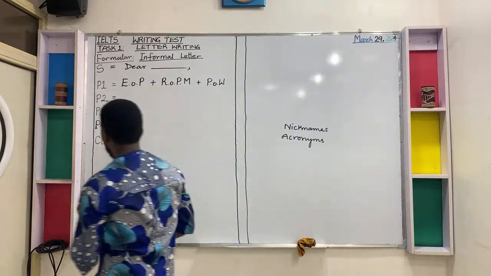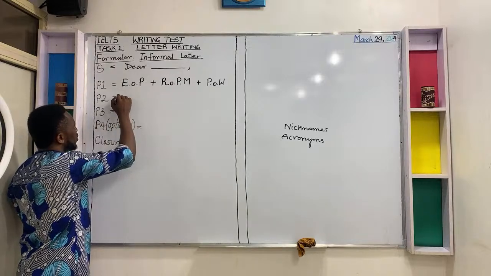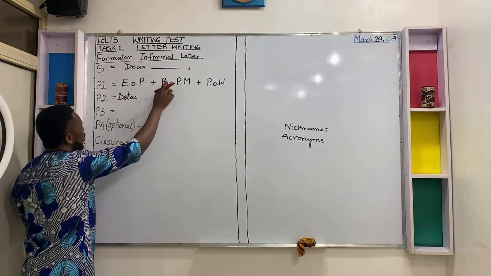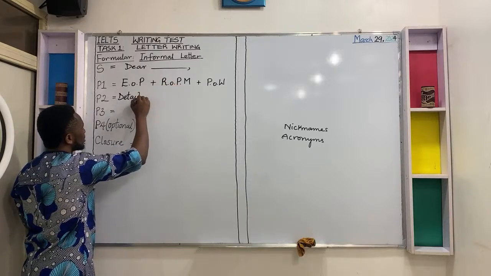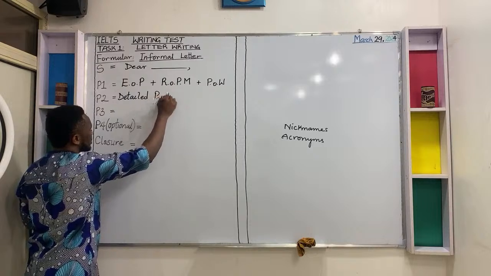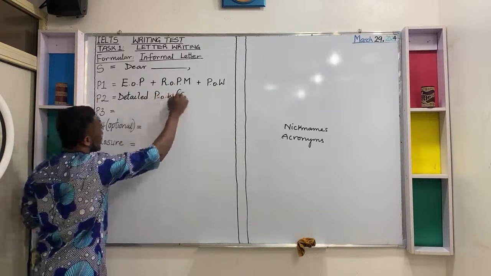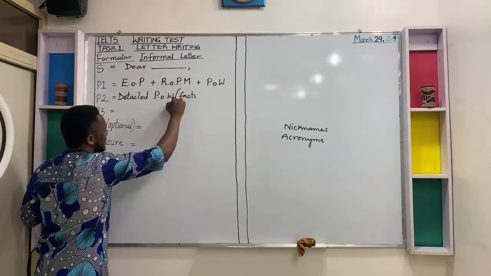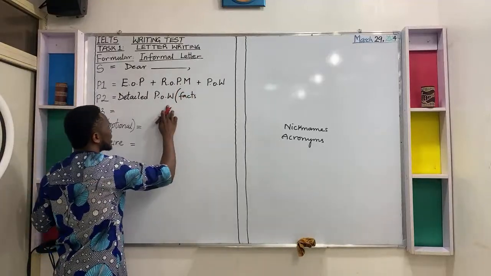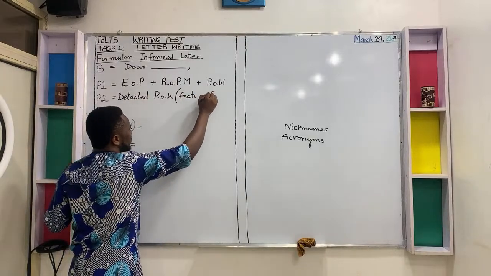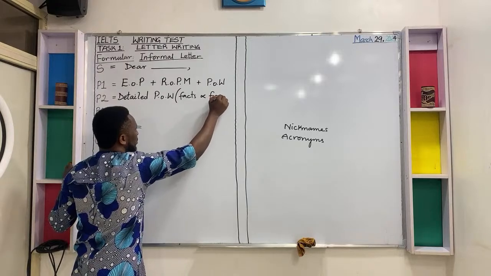Okay? Then your second paragraph, you are to factor in the detailed recall of past memory. Then your paragraph 2, you are considering detailed purpose of writing where you bring in facts and figures.